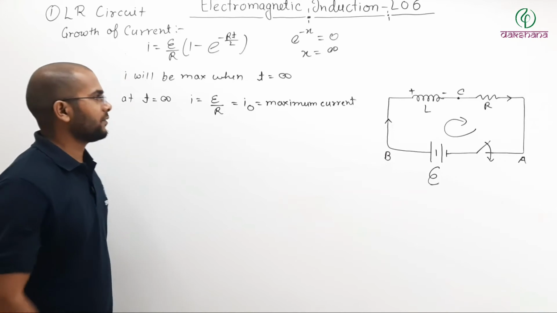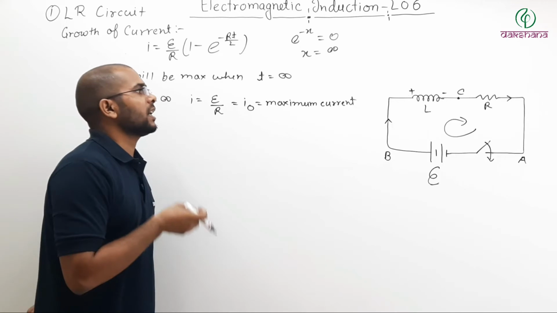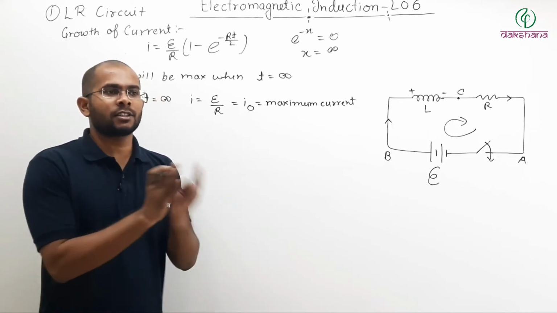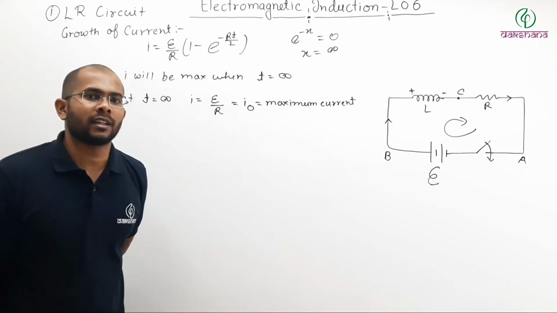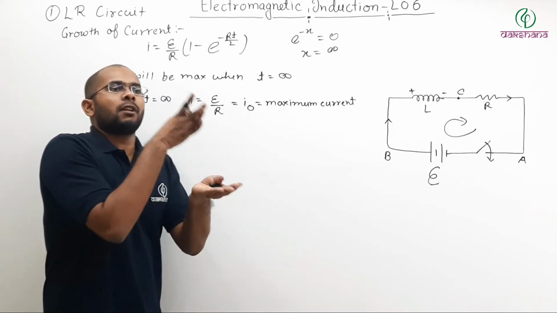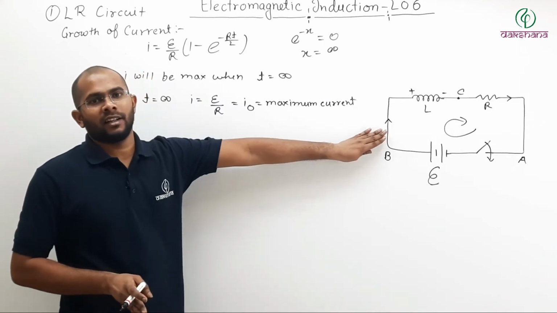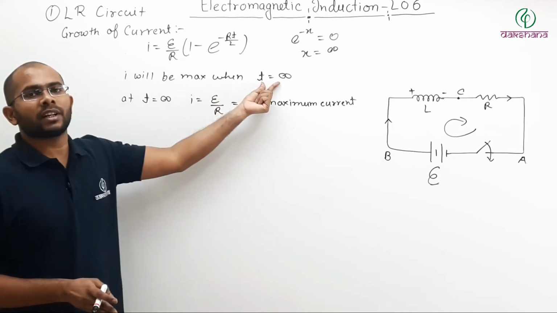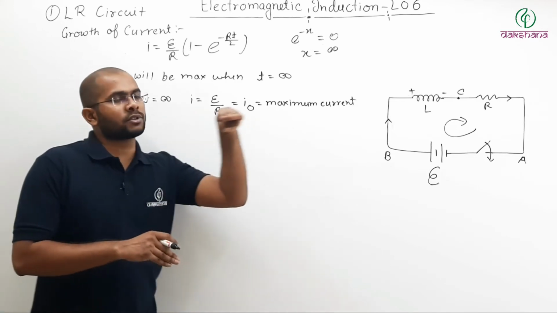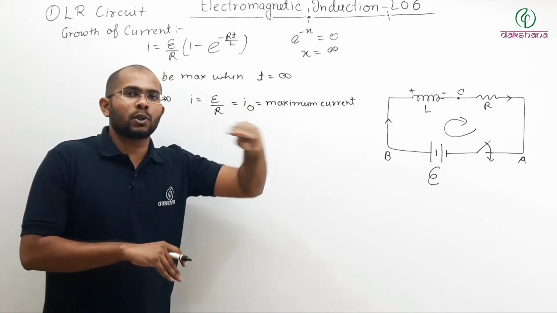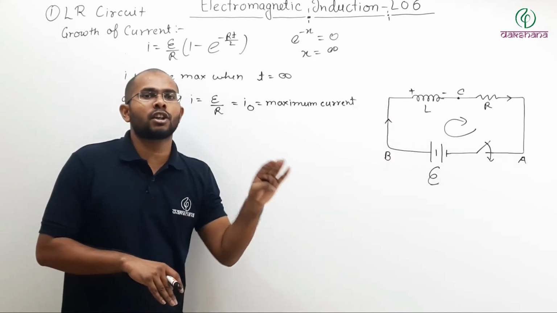Meaning, after steady state current has been achieved, your inductor will behave like it is not there at all. Meaning, it will behave like 0 resistance. Why? Because inductor will work only as long as there is a change in current. And after a long period of time, if the steady state current has been achieved, current is now stable, there is no change. If there is no change, there is no use of inductor. So the inductor will behave like a 0 resistance.